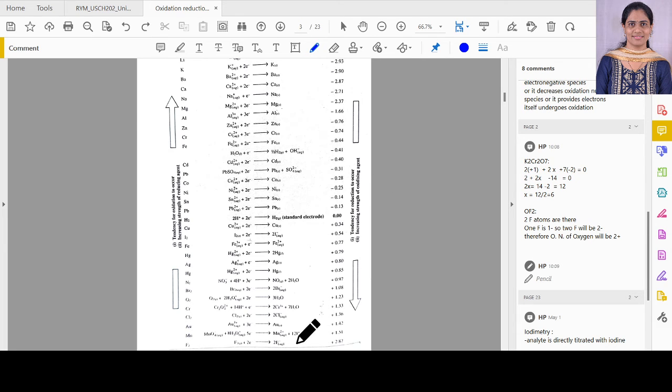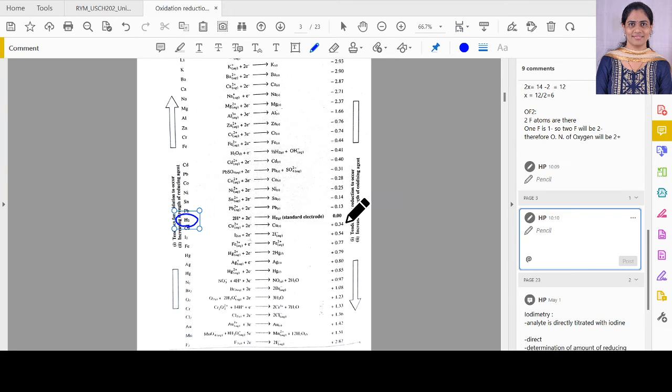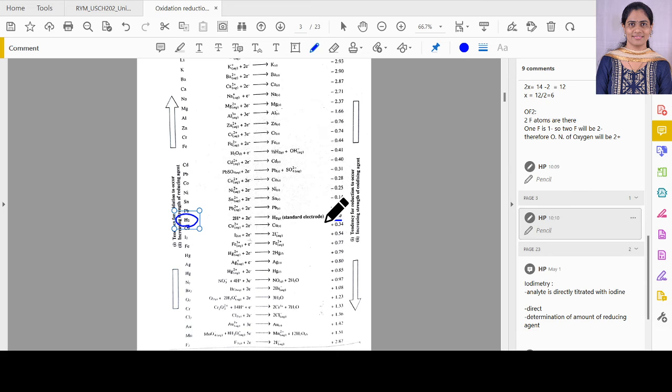So your fluorine is the highest oxidizing agent, highest power of oxidation. So remember the trends. And hydrogen is at the middle position, having standard electrode potential 0.0 electron volts. So remember the electrochemical series at the same time.